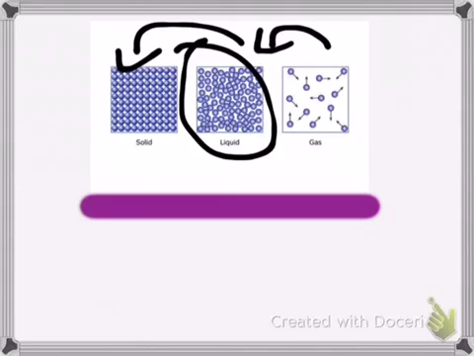The liquid molecules would be jumping around, and then the liquid would start to slowly stop jumping around. The molecules would stop jumping around because it's getting cooler and cooler until they turn into a solid.